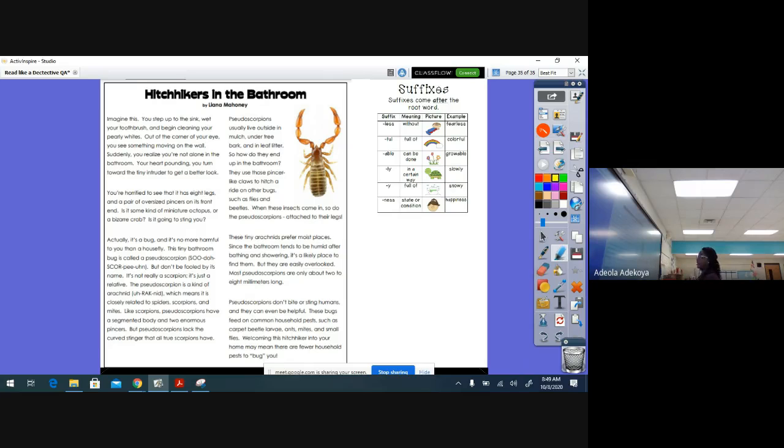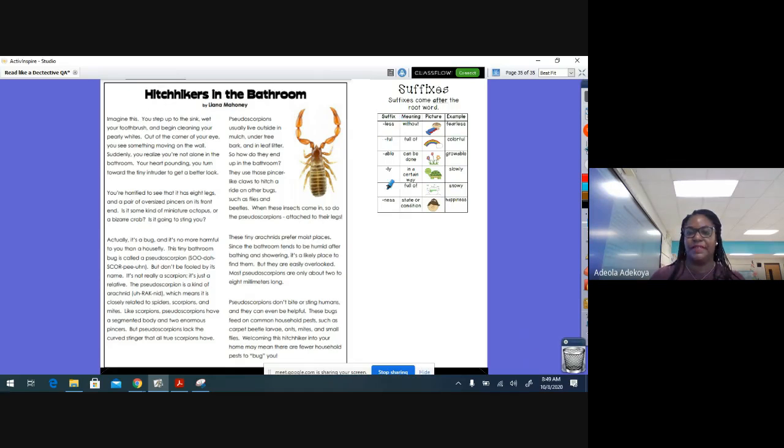I like to use the yellow highlighter. When I'm scanning, all I'm doing is going from left to right, checking to see if I can find any of the suffixes in any of the words. Scanning right now to see if I can find less, full, able, y, or ness.